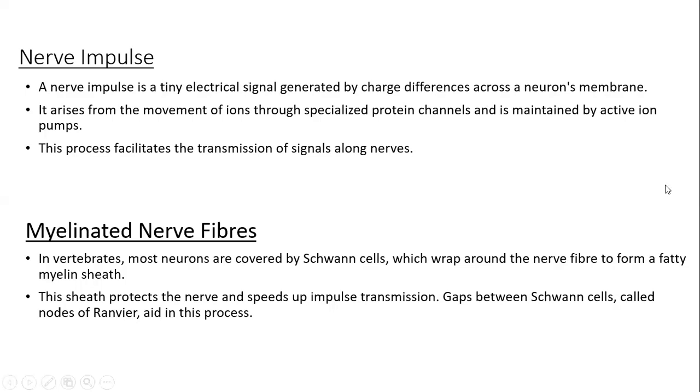So how is this going to be generated? By the charge differences across the neuron's membrane. By the charge difference, what do we mean? It's the ion charges. Ions, yes, ions. So in that case, it is going to create this charge difference and thereby create the electrical signals.